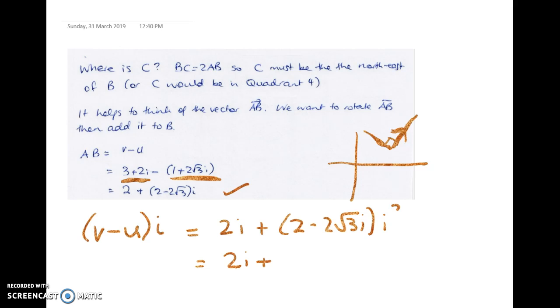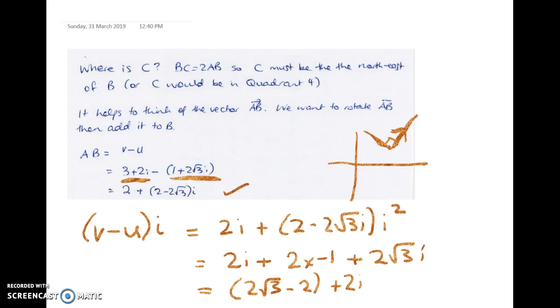No, that was i. So this is now i squared. Sorry, 2i plus 2 times negative 1 plus 2 root 3i. So that gives me 2 root 3 minus 2 plus 2i.